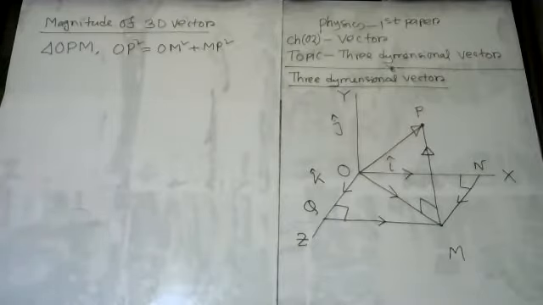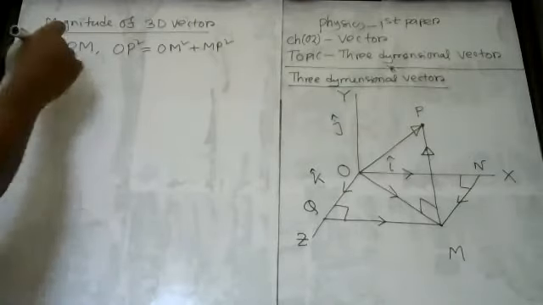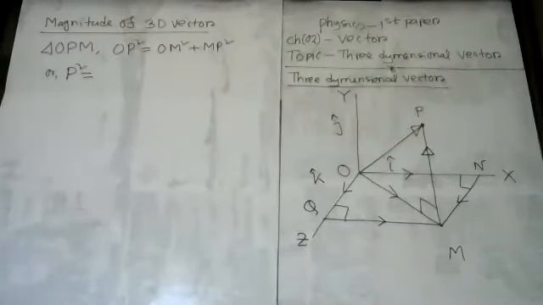Now, I'm just going to break down the value of OM. So OP square is nothing but vector P square. So OM. You see that in triangle OQM, my dear student, triangle OQM is also a right angle triangle. Since this is also a right angle triangle, by using Pythagoras theorem, you can also find out the value of its components from triangle OQM.